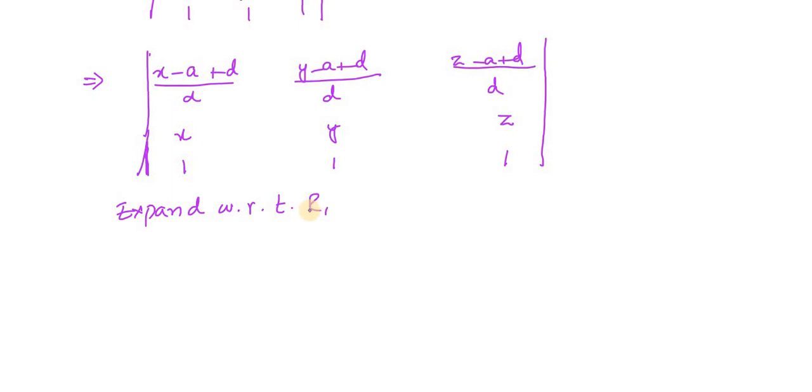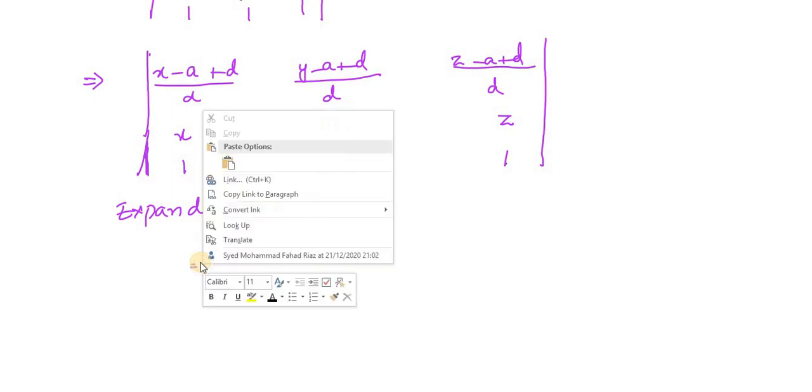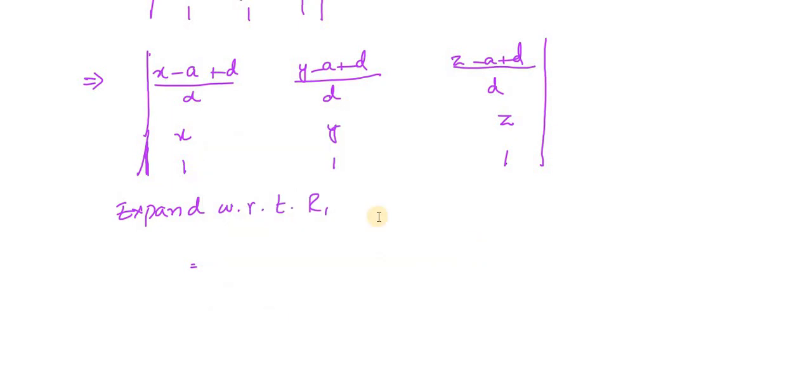So by using expansion or properties of determinants, we have proved that this will be equal to 0. You can do this by yourself. It shows that x, y and z are in arithmetic progression, and we can prove this easily. So this is the last question of this exercise. Thank you so much.